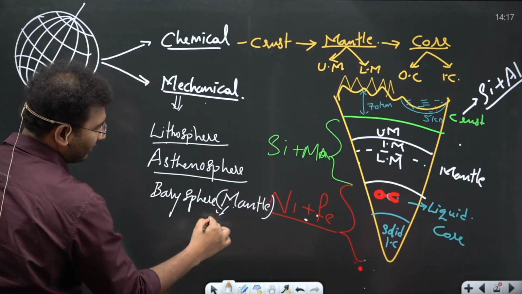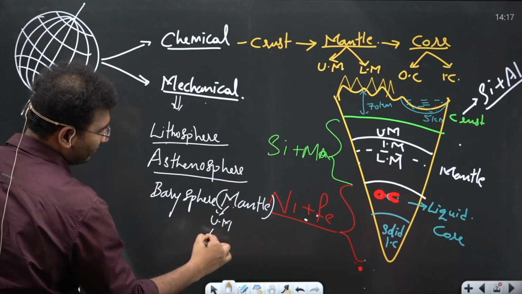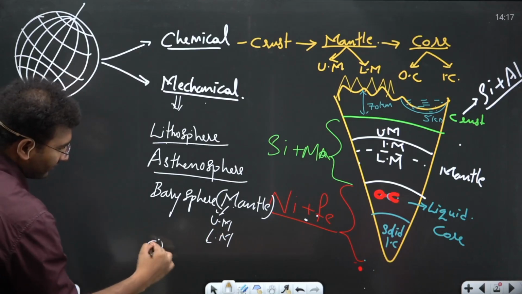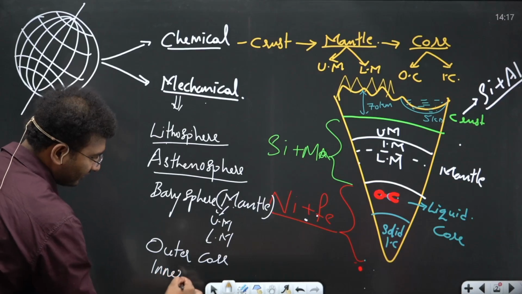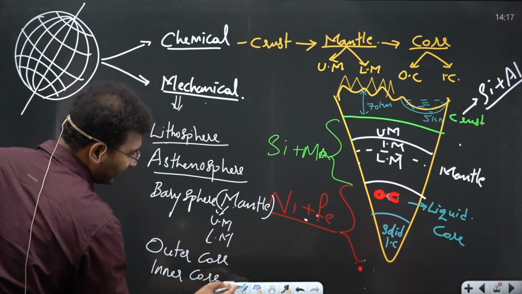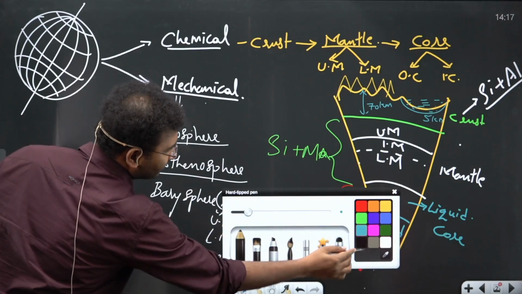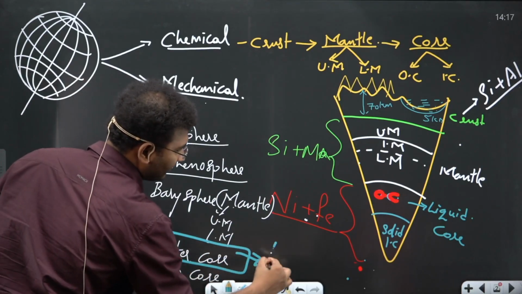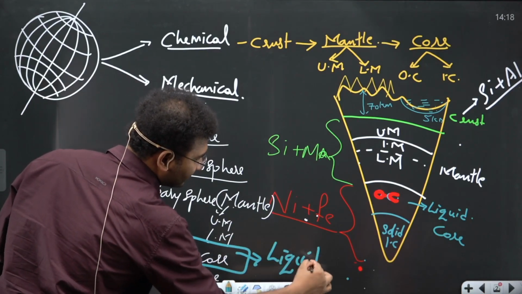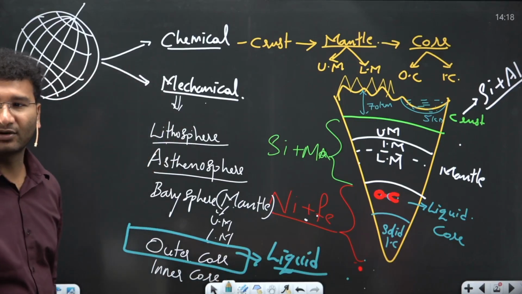Within this mantle, upper mantle and lower mantle, then you have the outer core, and then the inner core. In both the mechanical and chemical composition, one thing is common: the outer core is liquid. Now this is the mechanical composition.